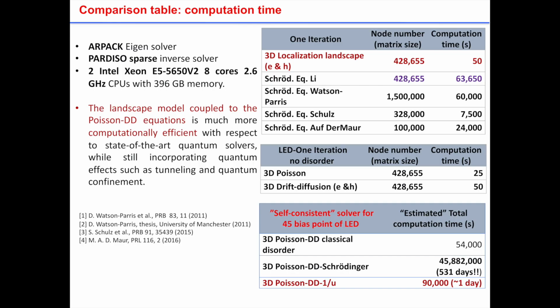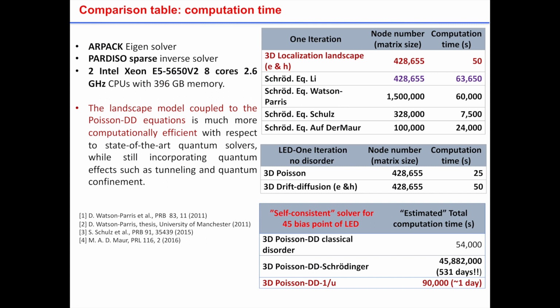Okay, so that's the game. Now, if you compute one operation for an LED, if you solve the Poisson and drift-diffusion equations for the type of mesh that we are using, it's very fast. Again, it's 1 minute.